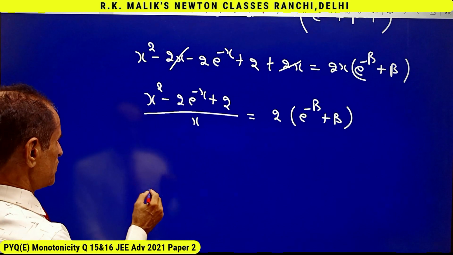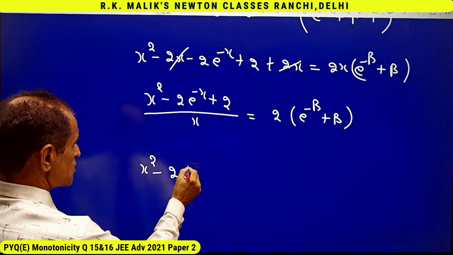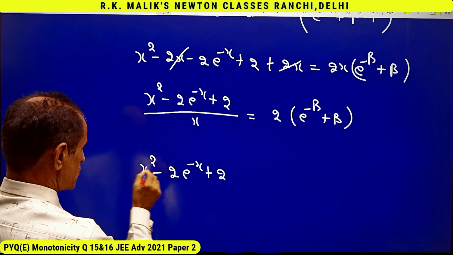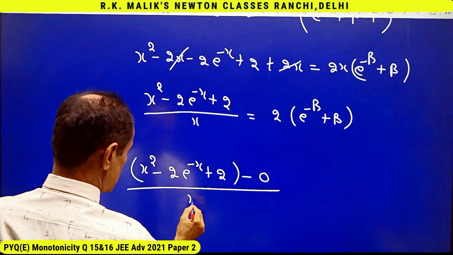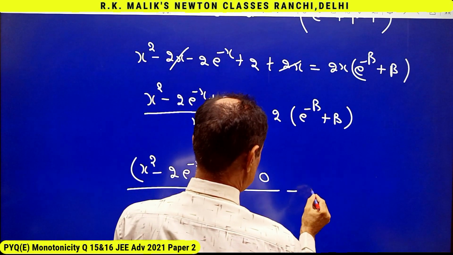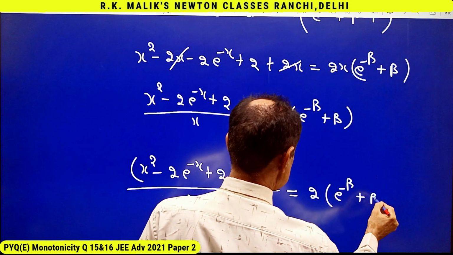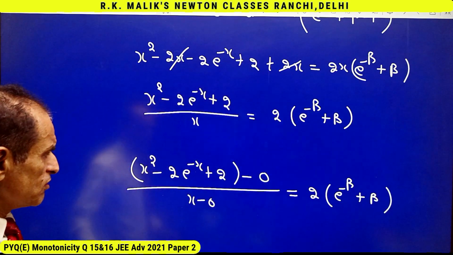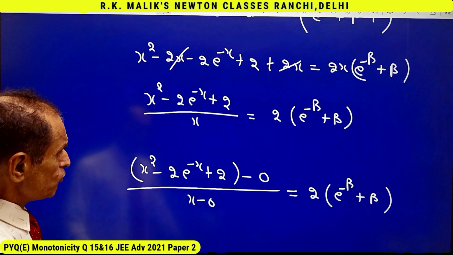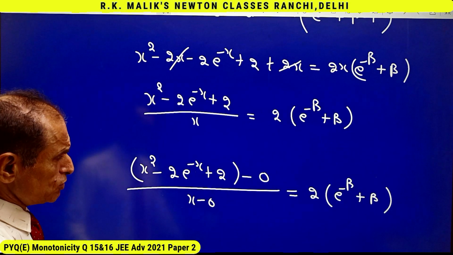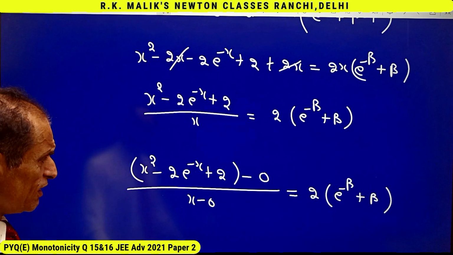And this can be written as, that is, I have to check this is true for at least one value of beta in the interval 0 to x is true or not. And this is clearly true.